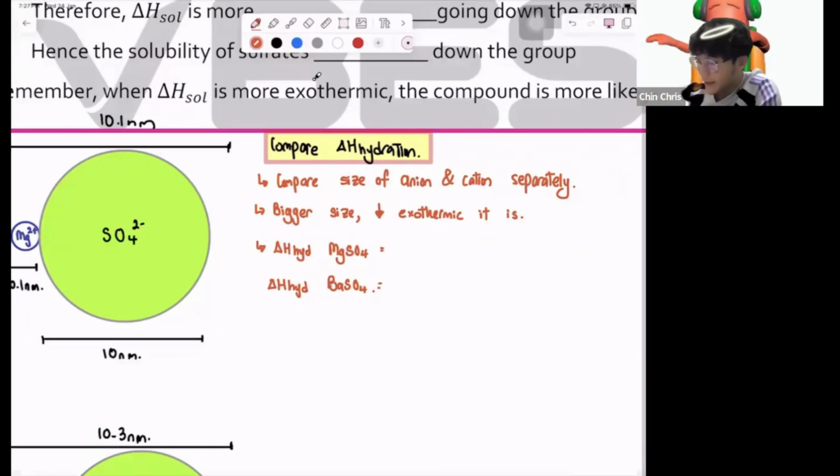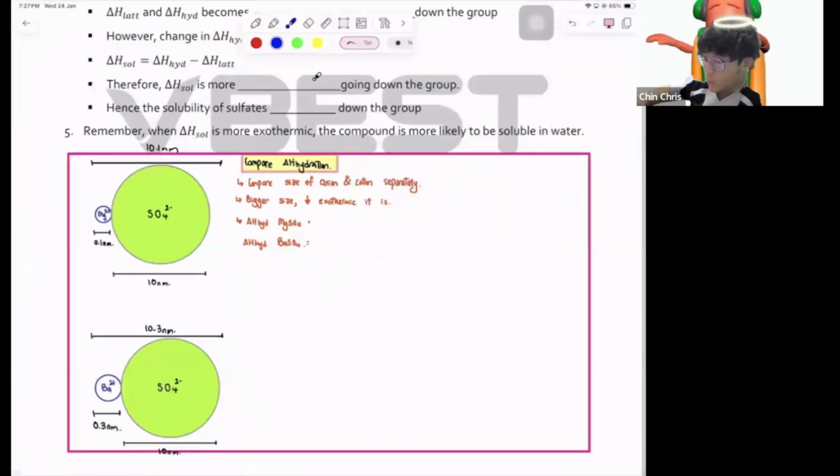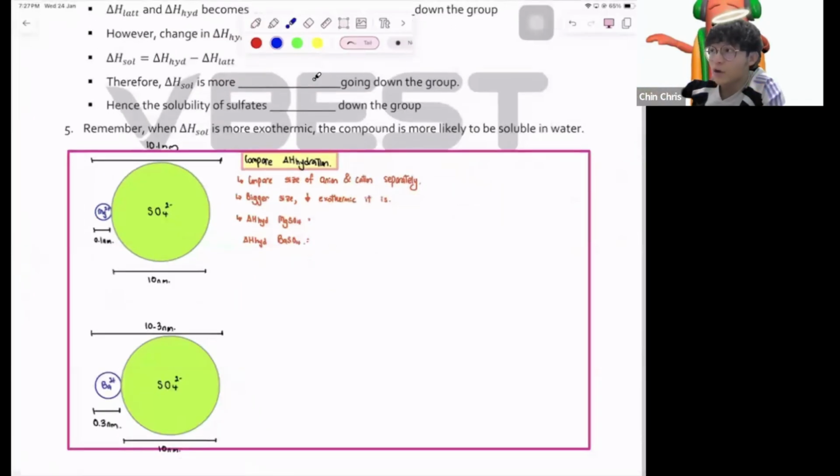So to conclude, if you were to compare the hydration of magnesium sulfate and barium sulfate, your anion and cation we have to compare separately. Understand? If you look at sulfate, sulfate never changed, correct?